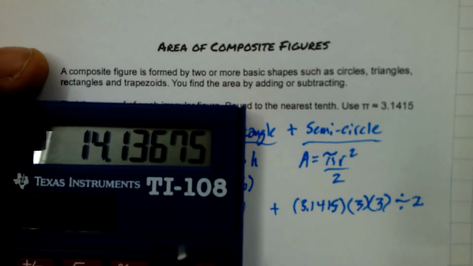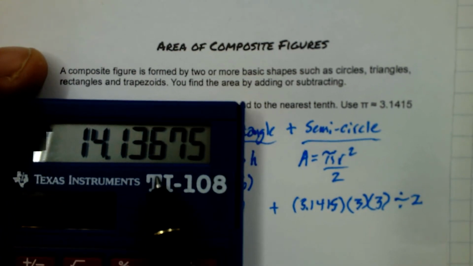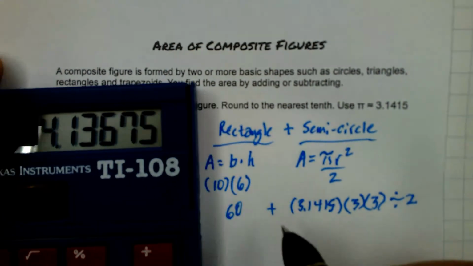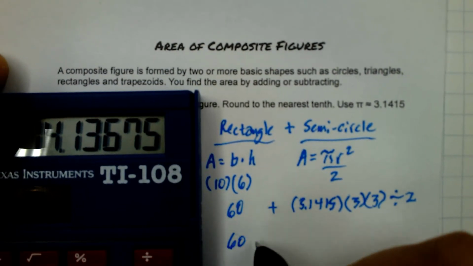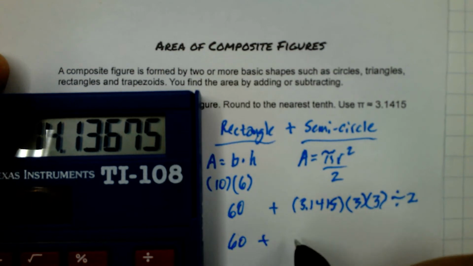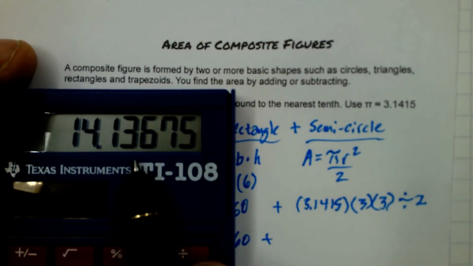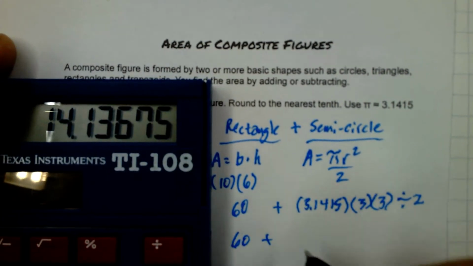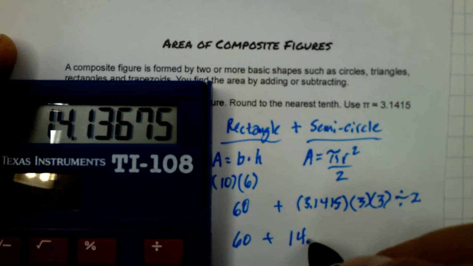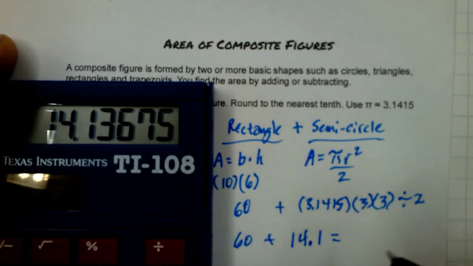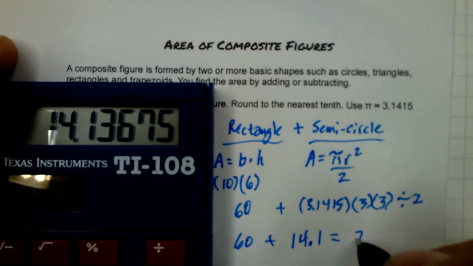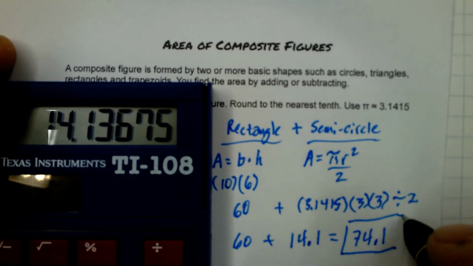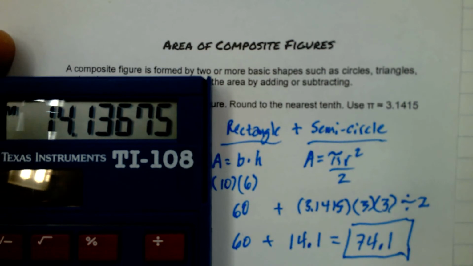We want to round this to the nearest tenth, right? So this is going to be 60 plus, rounded to the nearest tenth, 14.1. So in the end, we get 74.1 of whatever units we're talking about.